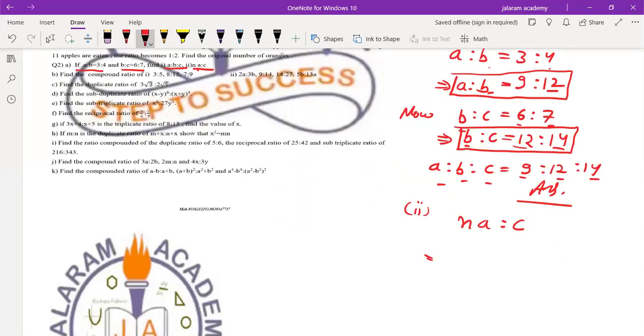So first if we find A is to C, it is A 9 is to C 14. And to find nA is to C, we will multiply only A by n. So 9n is to 14 will be the answer of second part, as we have to find nA is to C in second part.